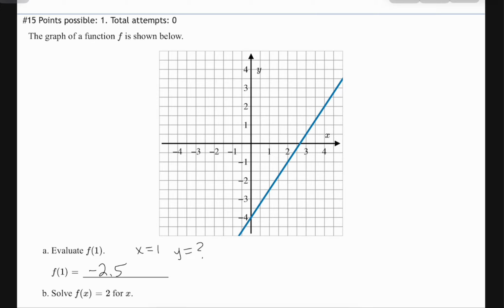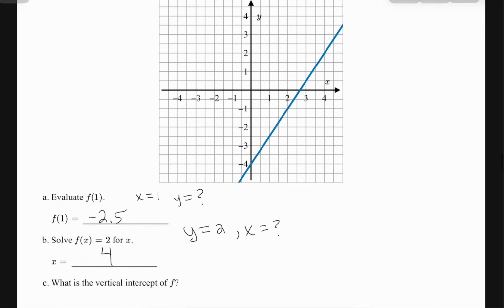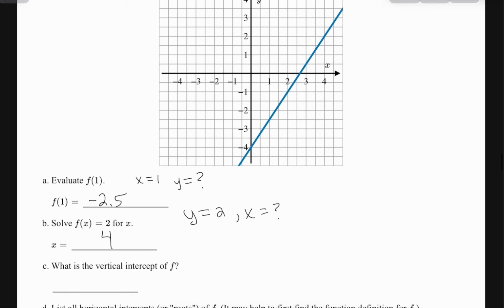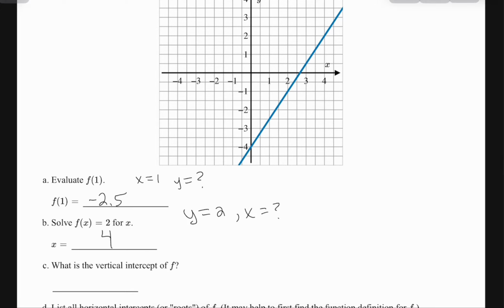That's all they want. Now, B, we're going the opposite direction. When our y value or our height is 2, what is our x? So find a height of 2. What is the x? The x is 4.